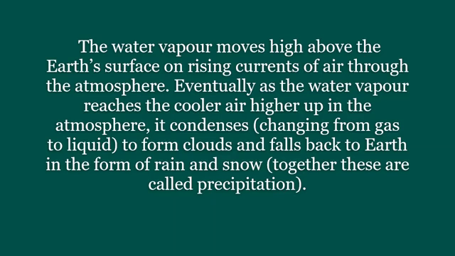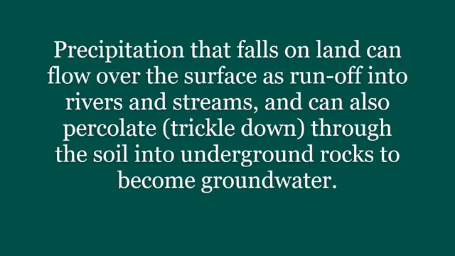Together these are called precipitation. Precipitation that falls on land can flow over the surface as runoff into rivers and streams, and can also percolate, means trickle down, through the soil into the underground rocks to become groundwater.